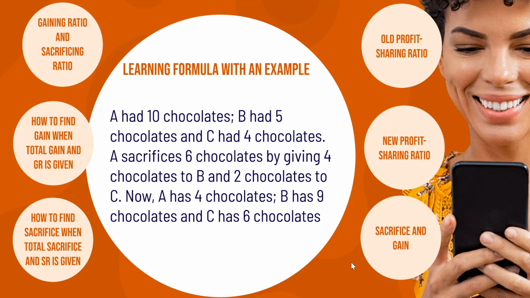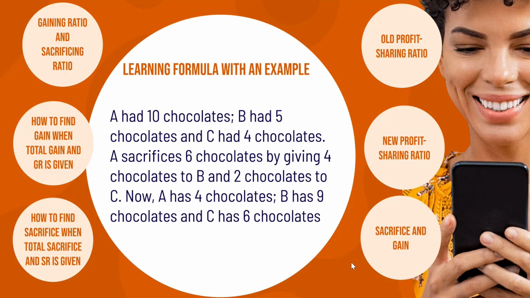Let's say A sacrifices 6 chocolates by giving 4 chocolates to B and 2 chocolates to C. So now A will have 6 chocolates less, which is 4 chocolates. B will have 4 chocolates more, which is 9 chocolates. And C will have 2 chocolates more, which is 6 chocolates.